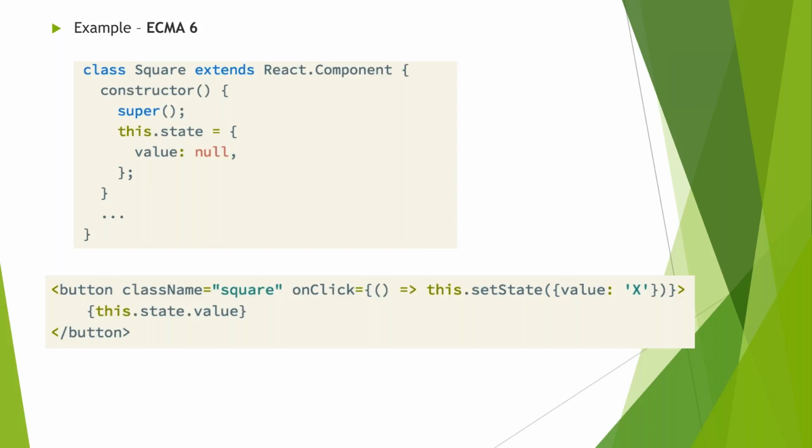Okay. So inside the button, I have written curly brackets, and inside that I am writing this dot state dot value, right? So whenever you are writing JSX, it understands only HTML. Okay. So if you are writing button, H1, H2, span, your JSX understands that. So basically, it has an HTML kind of a thing.